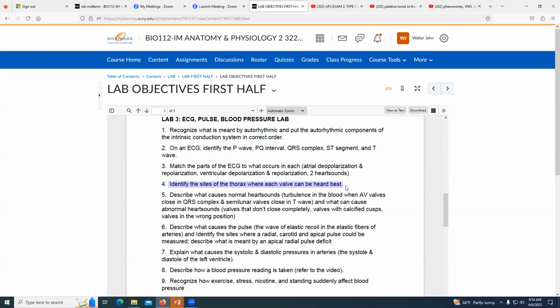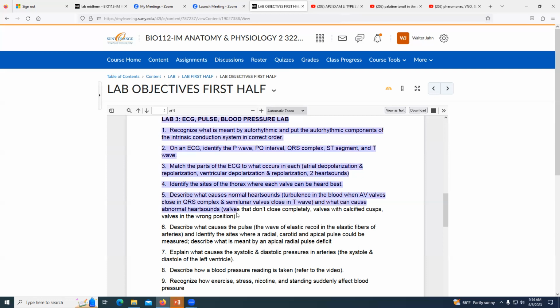The aortic semilunar valve is best heard to the right of the sternum in the second intercostal space. It is the pulmonary semilunar valve that is best heard on the left of the sternum. If there was a picture or a model, especially online, what pulse is this? That's carotid. This one's radial. This one, if you've got a stethoscope here, that's an apical pulse.